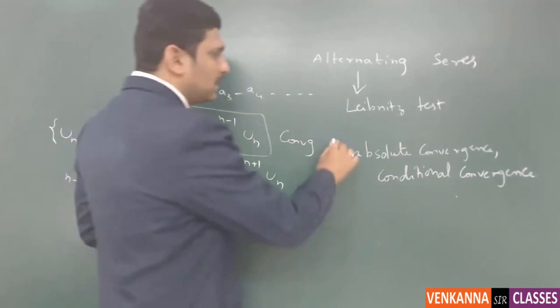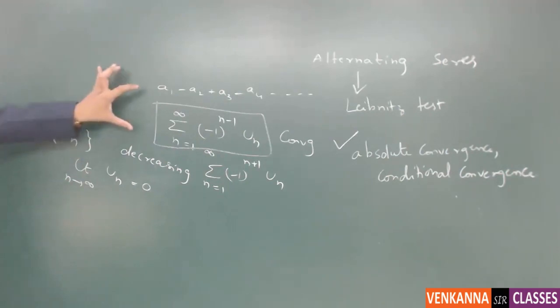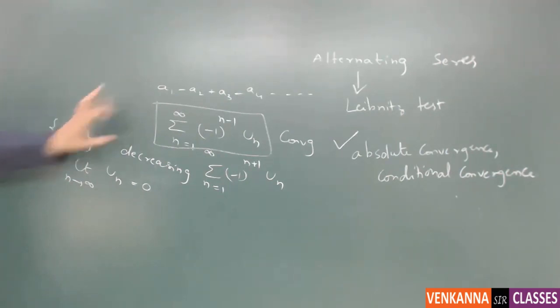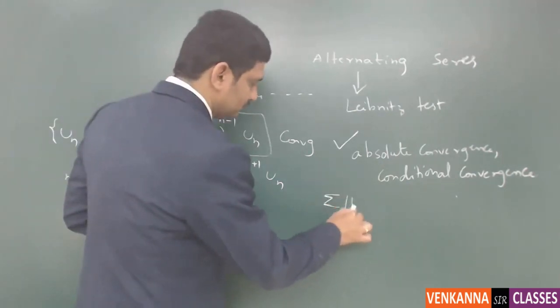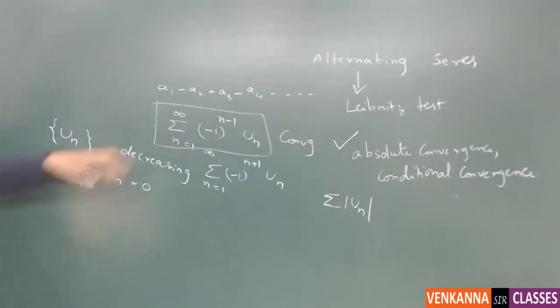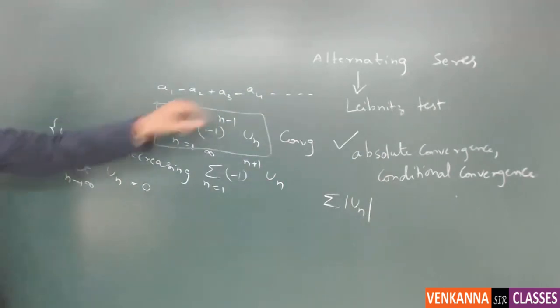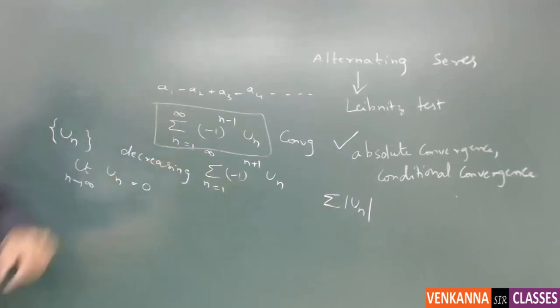So coming to the part of absolute convergence. Apart from taking this series, you consider modulus. That means for the alternating series, what you have taken, for the term here, you are putting the modulus.